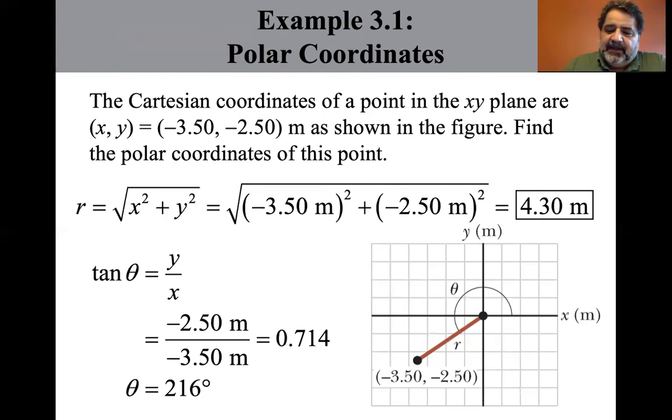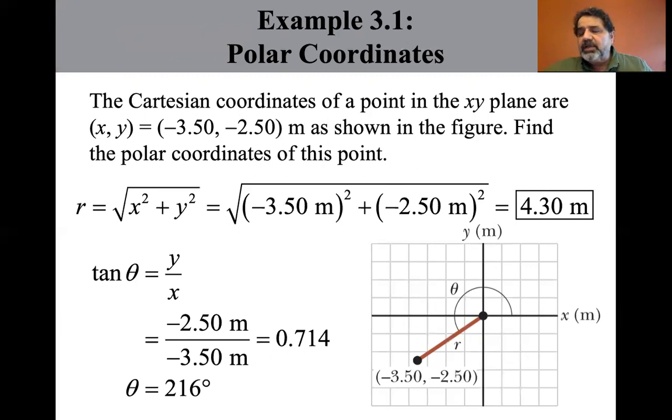So if we take the 0.714 and take the tangent inverse, I've got 35.5. Let's make sure, I got interrupted. So 0.714, enter, and take the arctangent, 35 degrees.